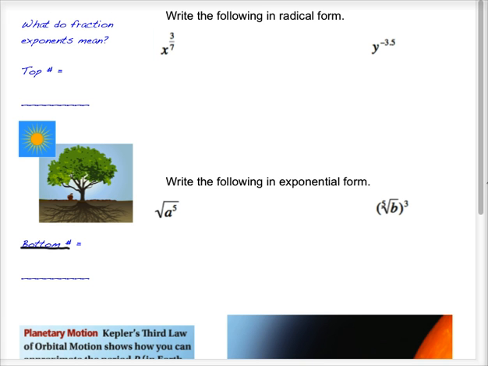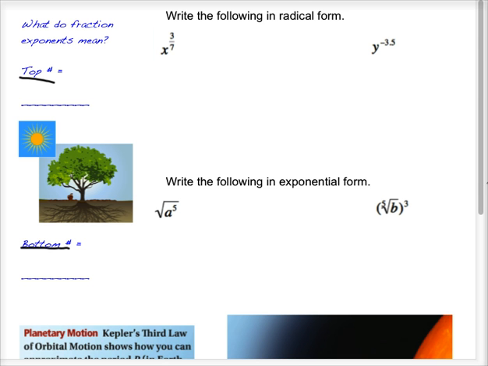Then the top of your fraction is your exponent, is your power. Well, think top, think the sunlight that's feeding the tree. Solar energy, power. So even though it may seem a little bit silly, if that's a little device that can help you remember that the top is your exponent, the bottom is your root, please, please use that.